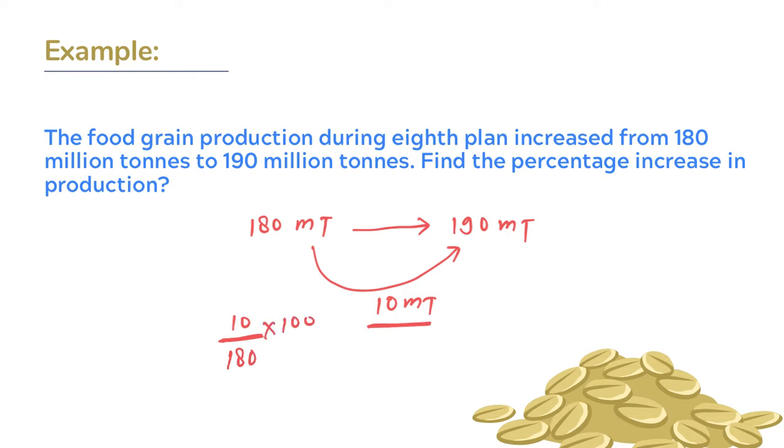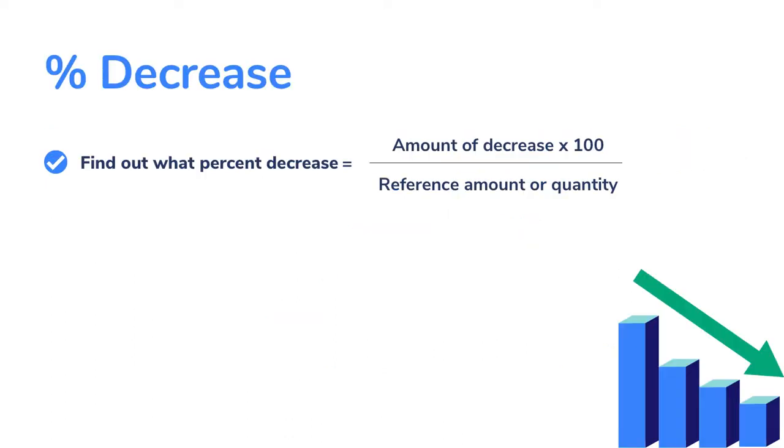Multiply by 100. When I cancel 0 with 0, upside 100, downside 18. When I cancel by 2, upside and downside, it is 50 divided by 9, or I can say 5.55 percent. Right?